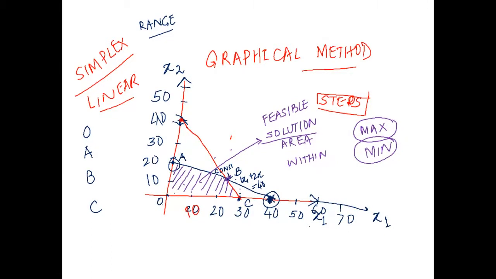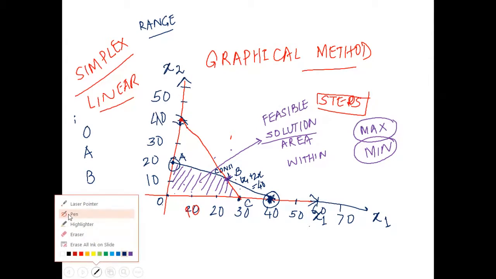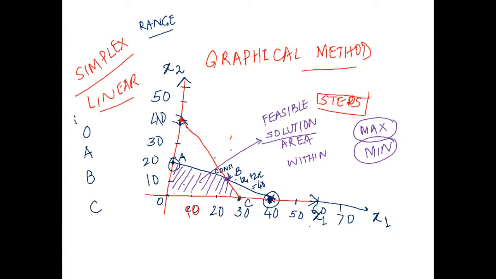So how do we decide what is the feasible area? The points within the area of the point of intersection, and the points that touch that feasible area, are the possible decision alternatives. From these we are going to find our solution.